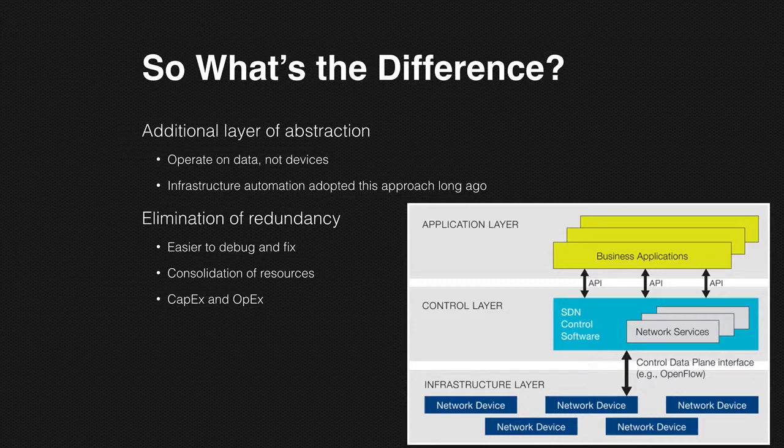Now, with having a centralized control plane, we don't need to run these protocols at all, because every new network or every port state change will be reported to the single software, to the single operating system that runs on top.